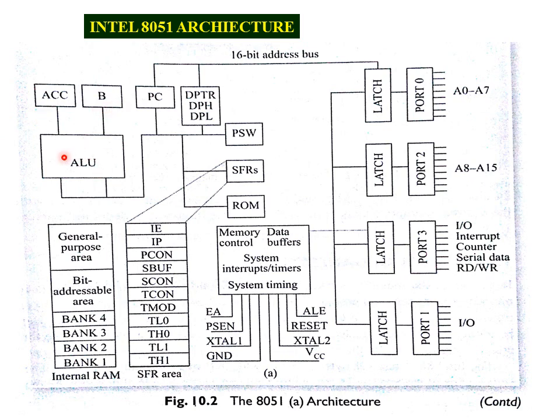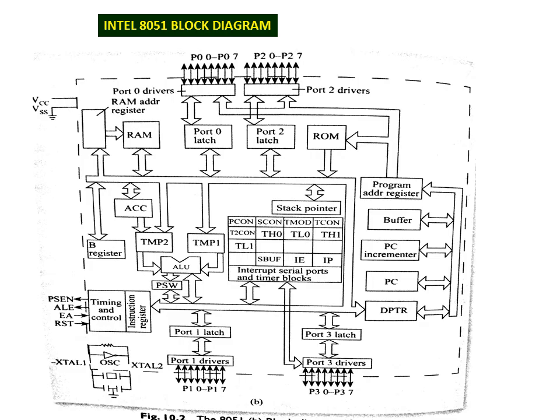Then the ALU will start executing the data, and after every operation the processor status word is verified by the 8051 controller. Now we will see the internal block diagram, how it is connected. Now check this, how the 8051 is connected.